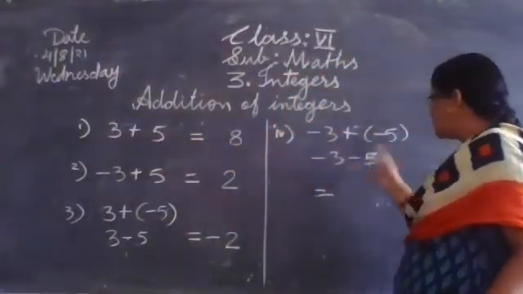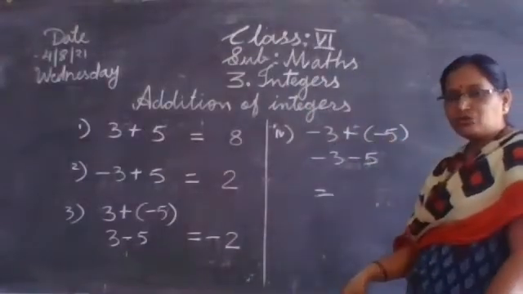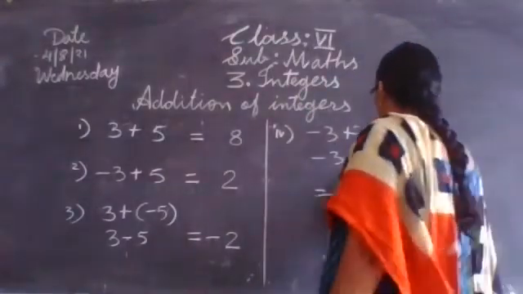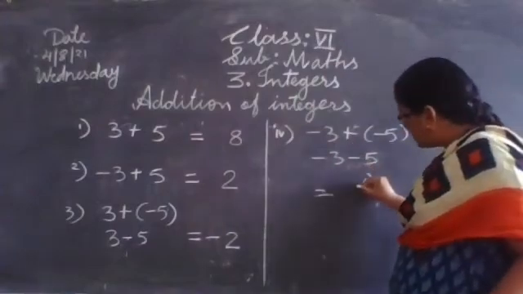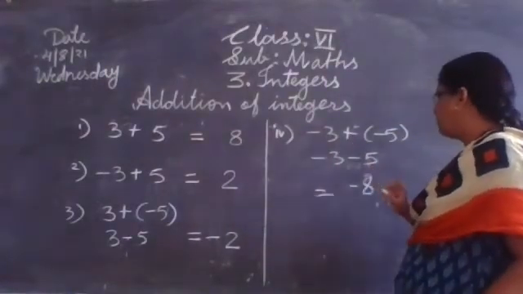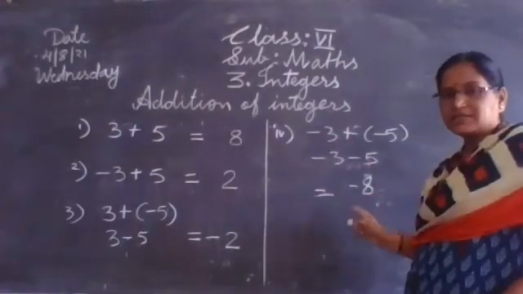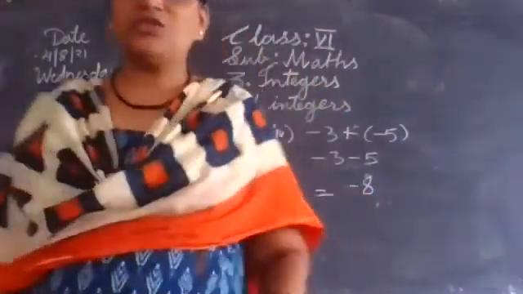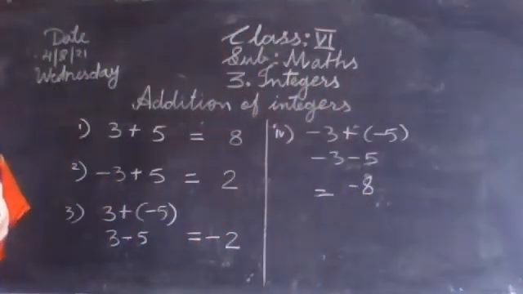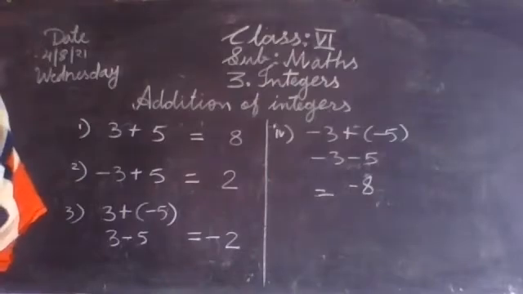When both the integers are negative, again you have to do the addition. So answer is 8. But both negative, therefore put the negative sign. That is, answer is minus 8. So children, in this way you can solve the addition without using the number line.